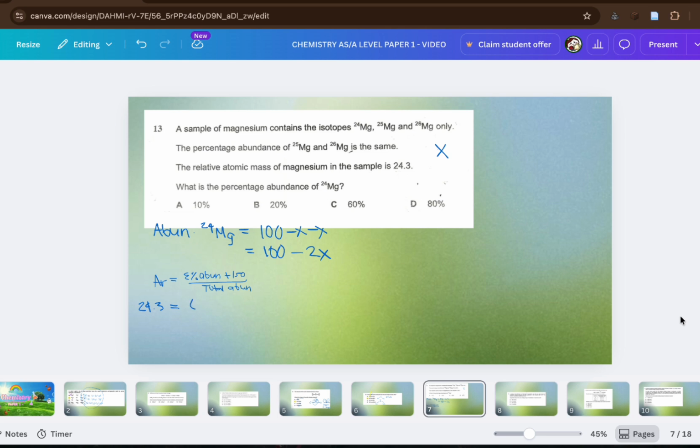Let's find the rest: 24 times 100 minus 2x plus 25 multiplied by x plus 26 multiplied by x. Okay. Oh yeah, over 100. Okay, we put that there.